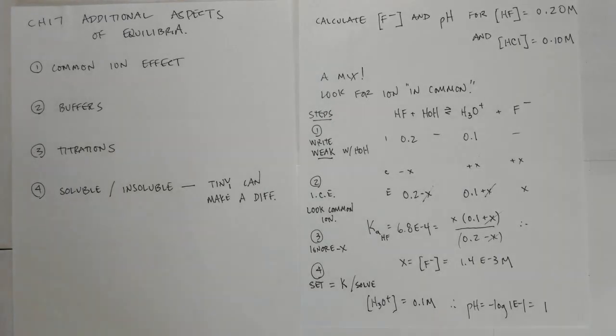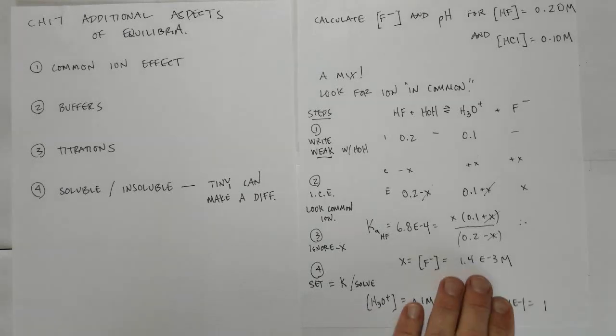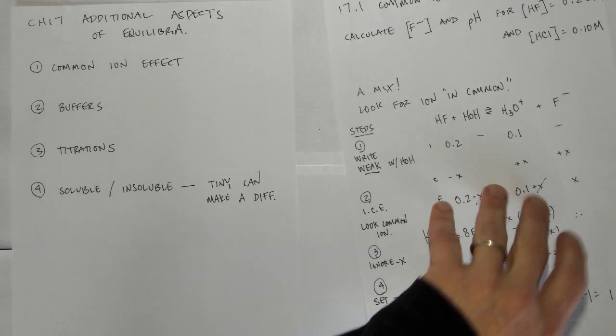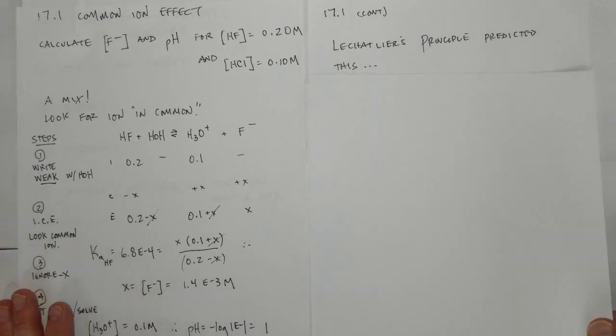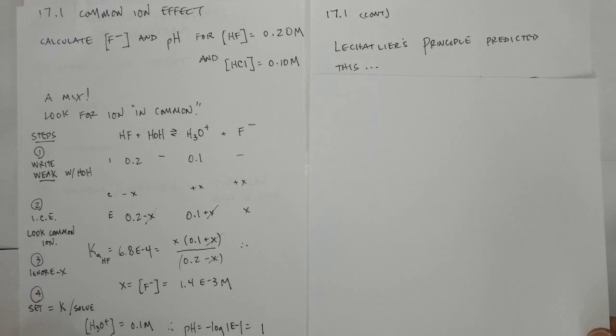So this is a real normal common ion problem that has mathematics attached to it to give you concentrations at equilibria. But if you're not given a math problem with a common ion, lots of times you can simply use Le Chatelier's principle to predict this.